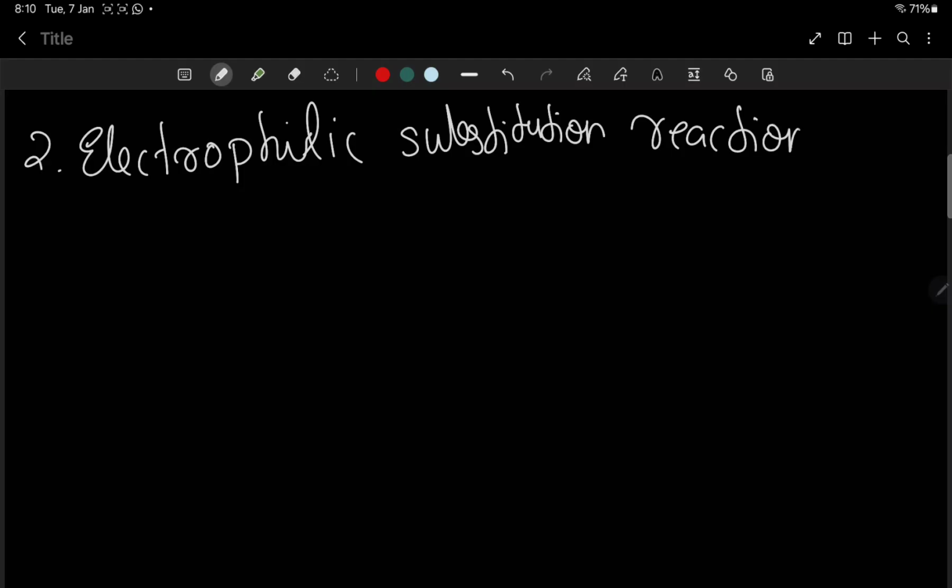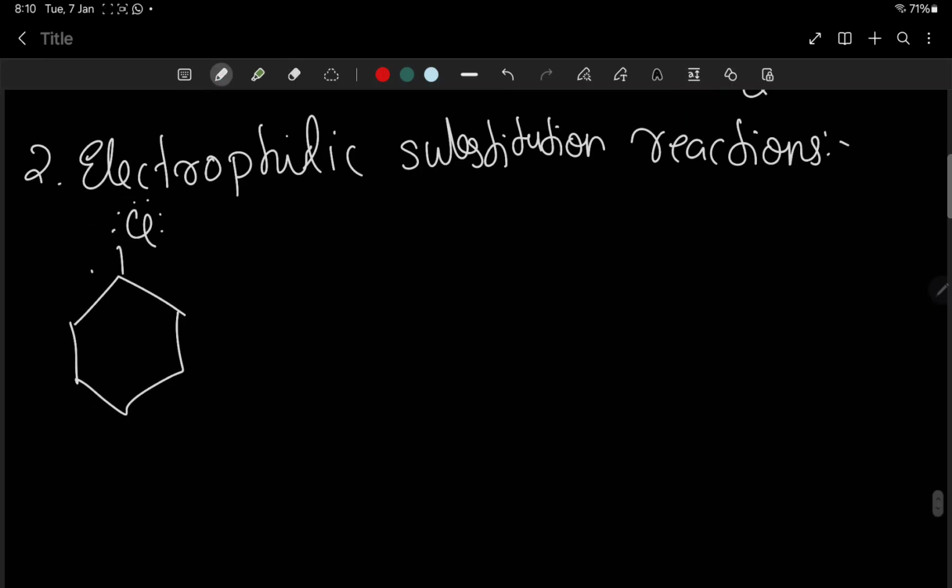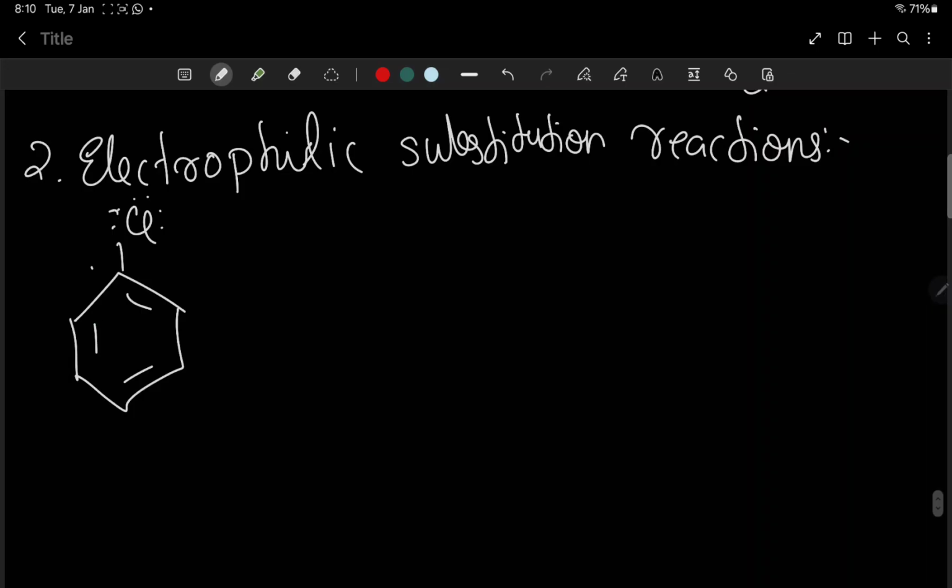How does it show? Look, first we have our haloarene, that is this thing. Now there is a double bond forming here, and the negative charge goes here.